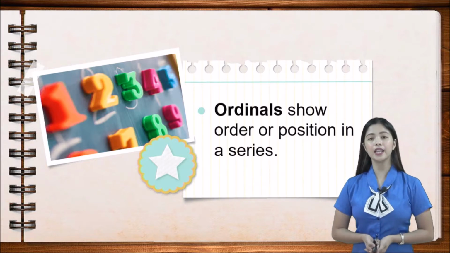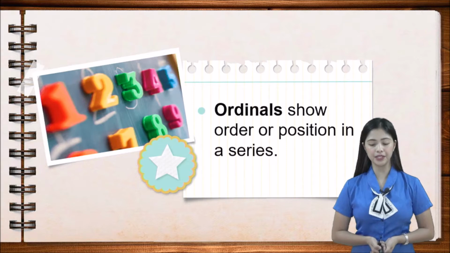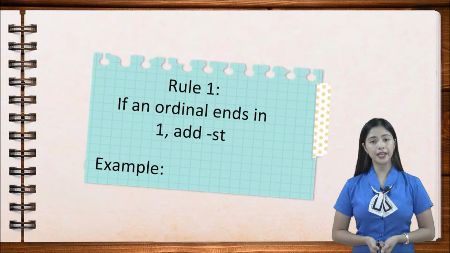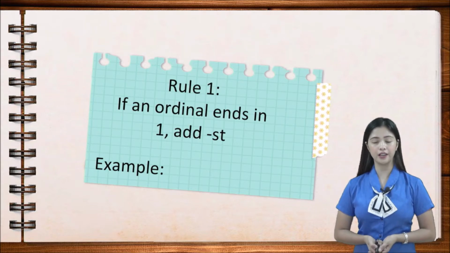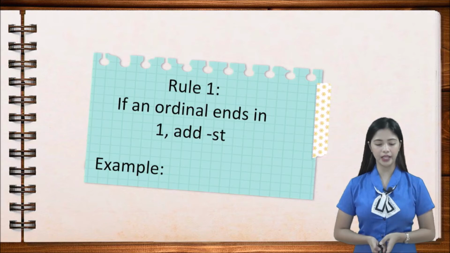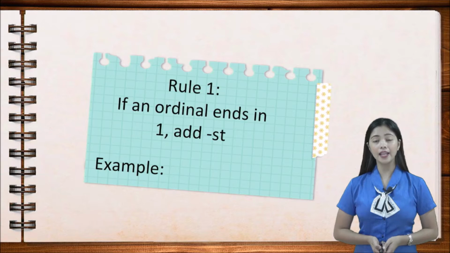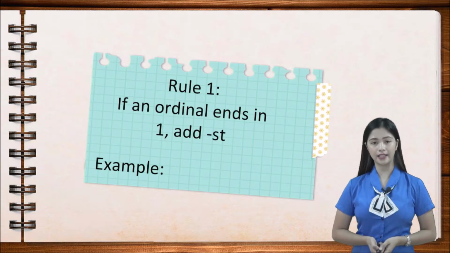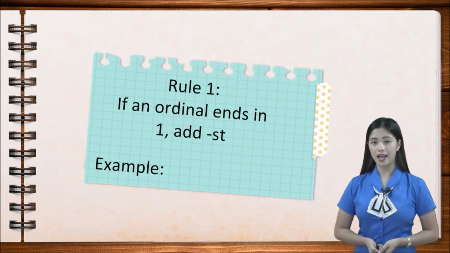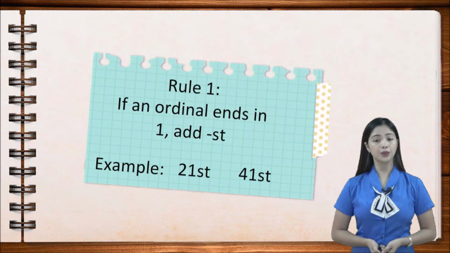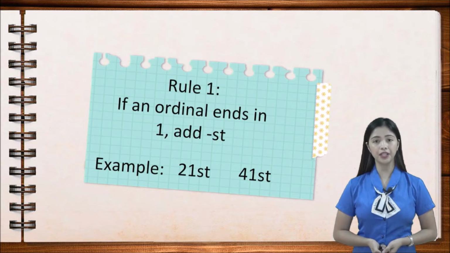So kids, in getting the ordinal numbers, we have some rules to follow. Take note of the following rules in writing ordinals. Rule number 1: if an ordinal ends in 1, add ST. For example, we have 21st and 41st.